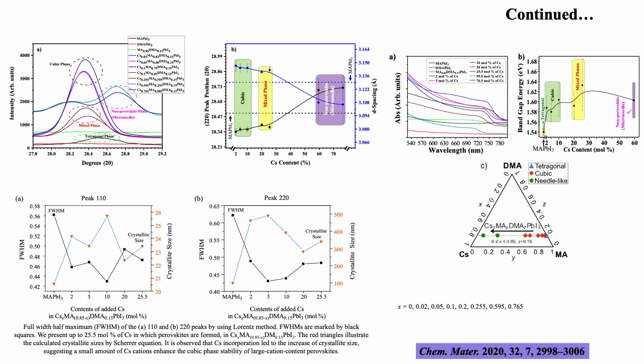Also, we link it to the full width half maximum and the crystalline sizes of the structure. So we did different analyses to find the optimum concentration of each cation to give us the stable cubic perovskite structure.